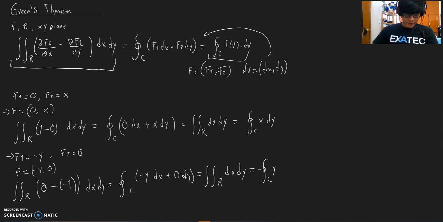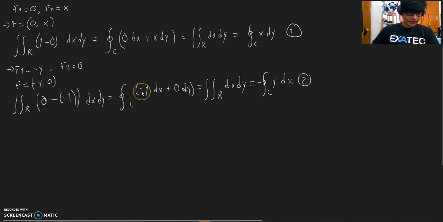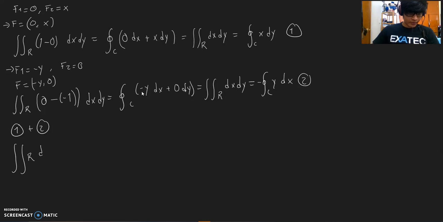of minus y dx. So calling this first case 1 and this second case 2, we can then add 1 plus 2, and this will give us dx dy plus dx dy equals the integral over the closed curve of x dy minus y dx.